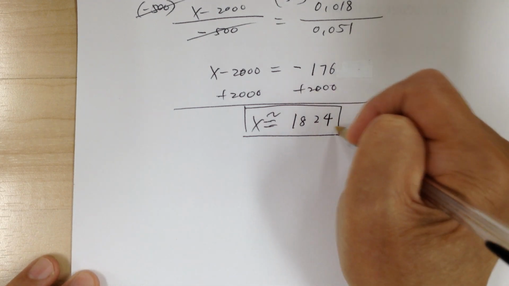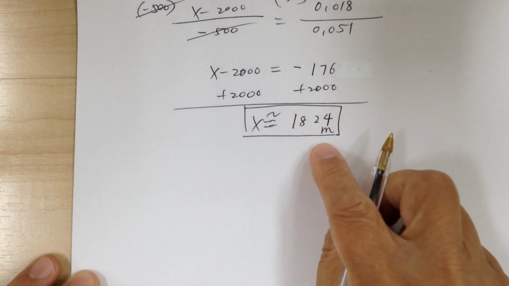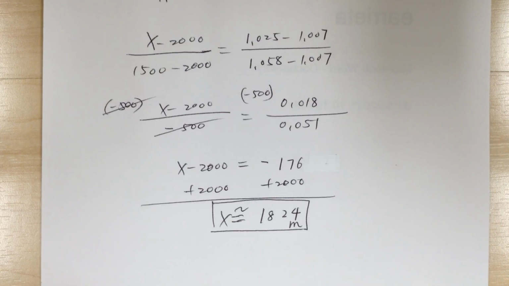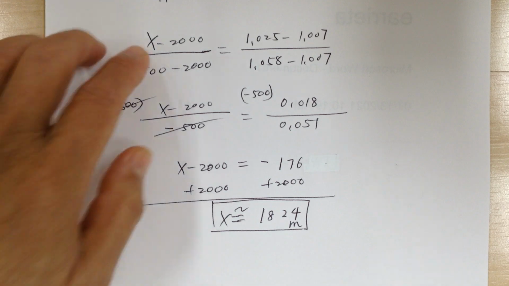The altitude is in meters, so make sure you have the label meters. And that's it. Again, the key is you match things up exactly. You can write it any way you want as long as you match them up, the right side and the left side.